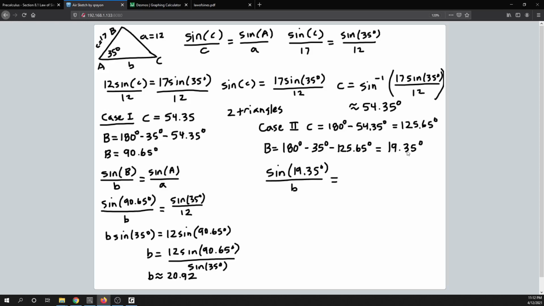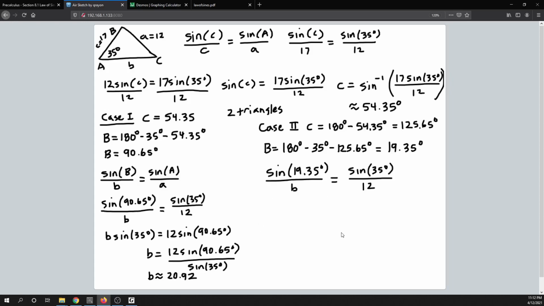And sine A over A. So A is 35 degrees and side A is 12. All right, and then I'd solve exactly like I did before.